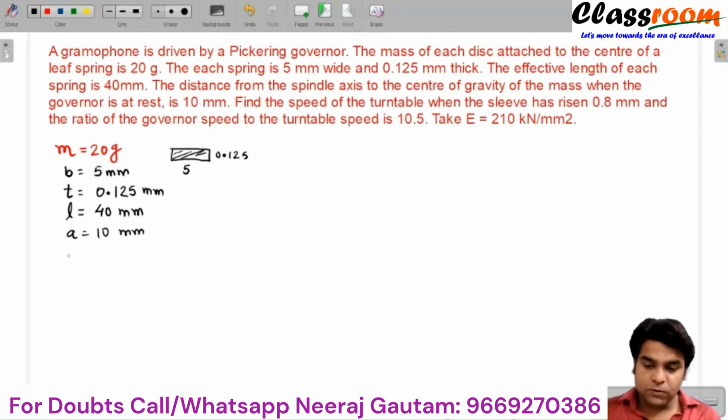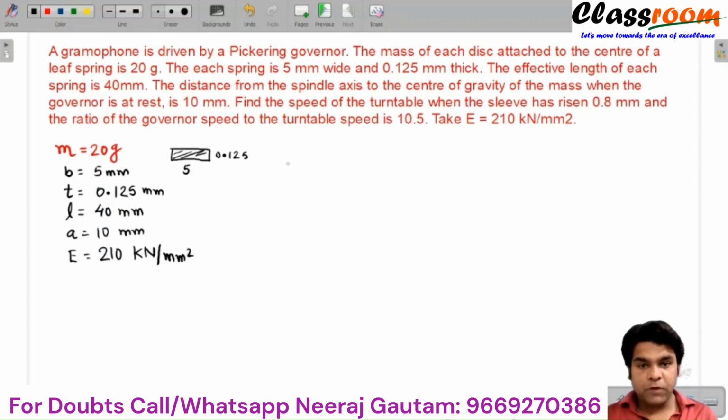The modulus of elasticity is E equals 210 kilonewton per mm square.